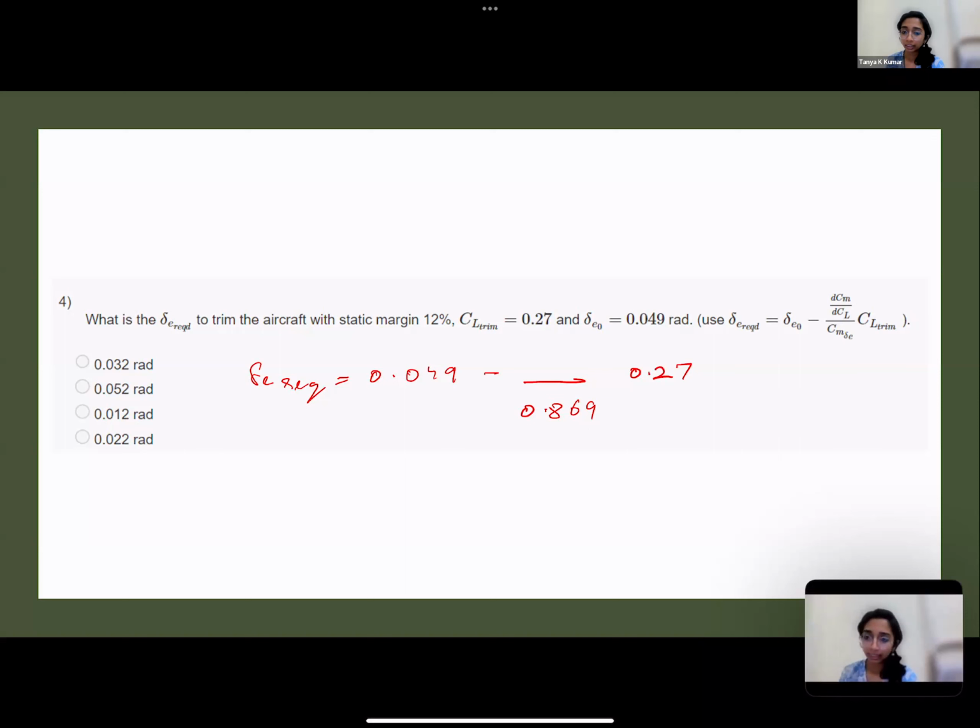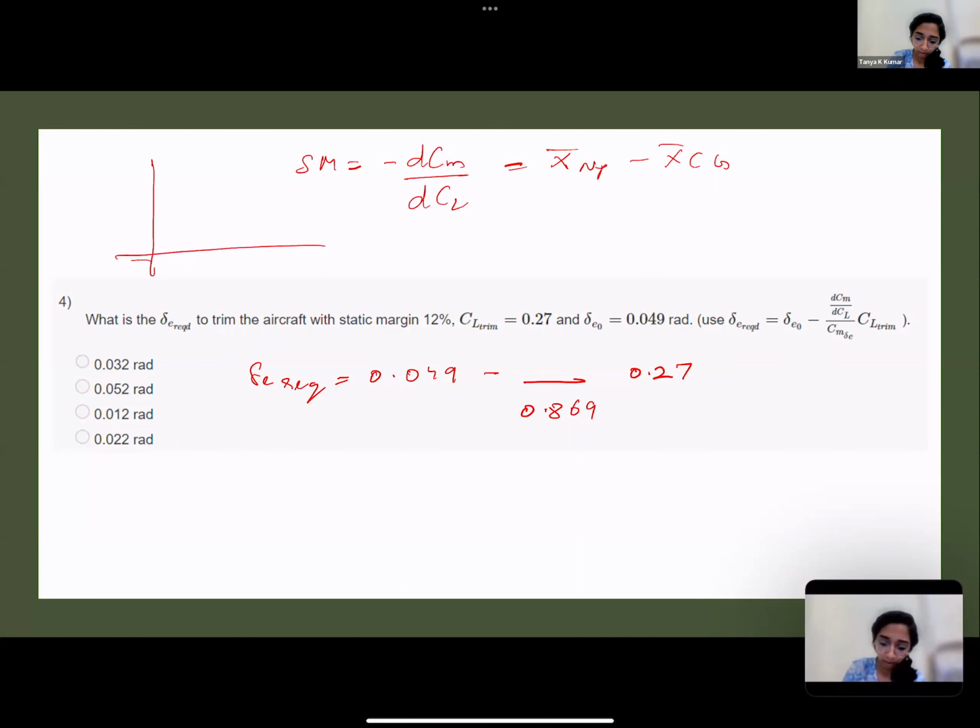Static margin, exactly. So static margin is the negative of DCM upon DCL, which is X bar NP minus X bar CG. Your CM versus CL graph is something like this with a negative slope.